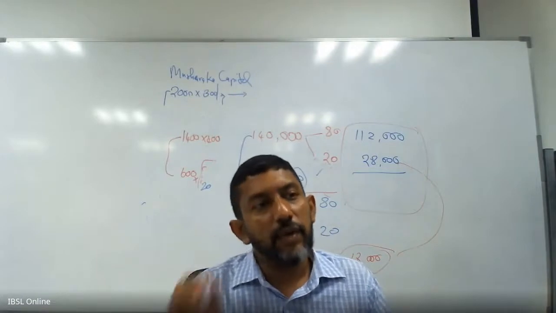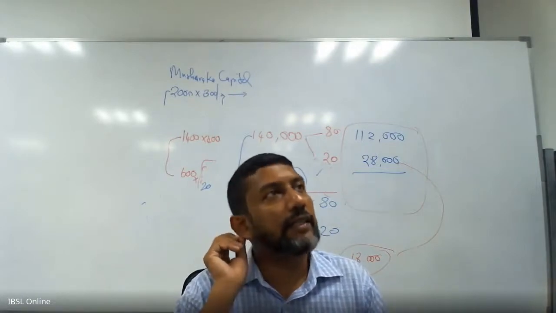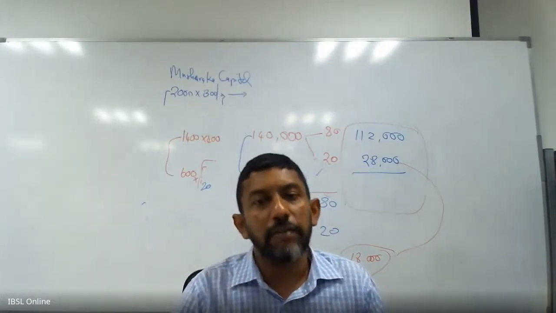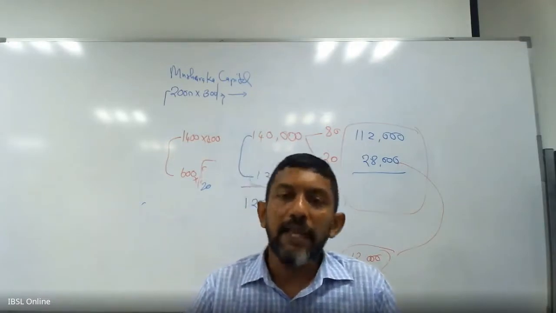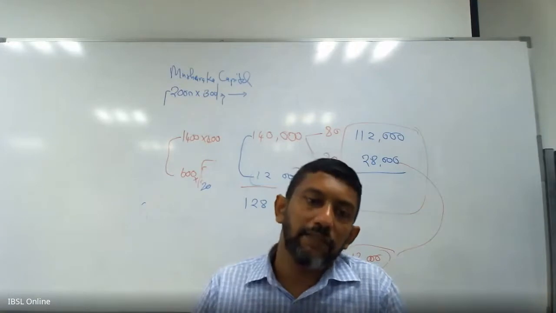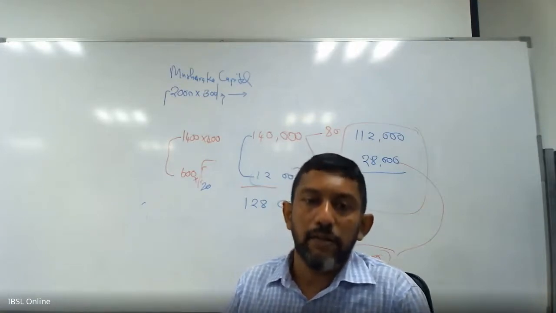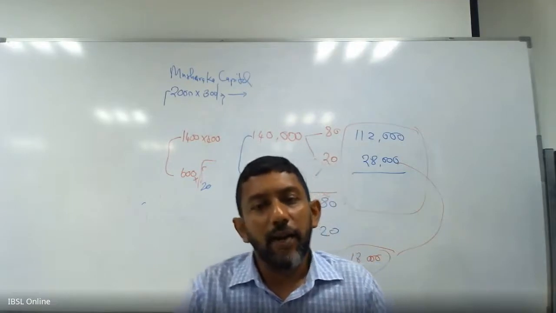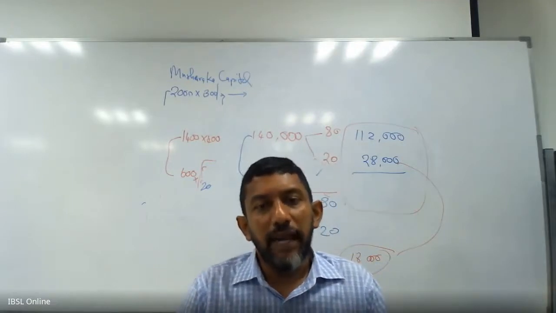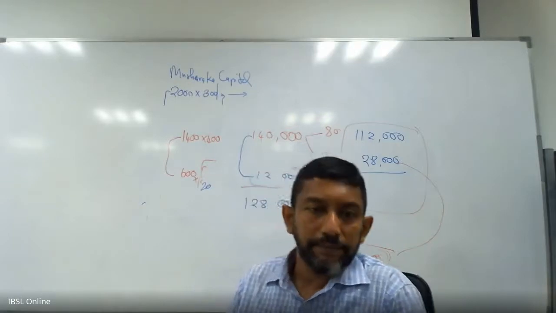The other is you can extend the Musharaka for another 3 months or 2 months at whatever profit sharing ratio agreeable between both the parties, and continue to wait for the customer to sell the balance also. So any of those options are possible. At least a couple of options can be given for the answer.